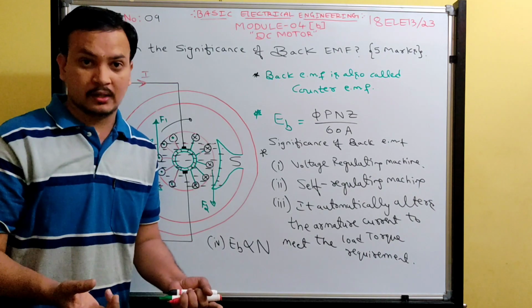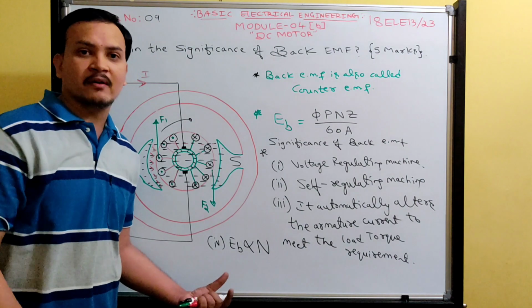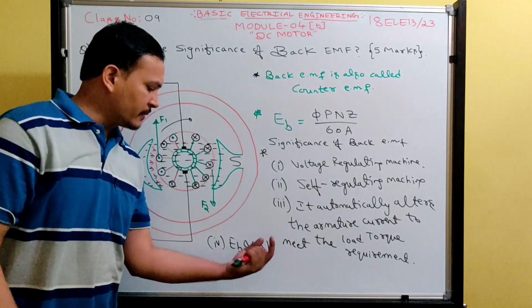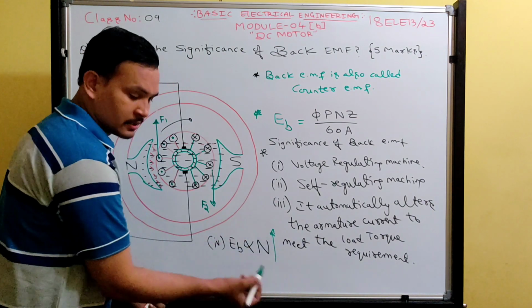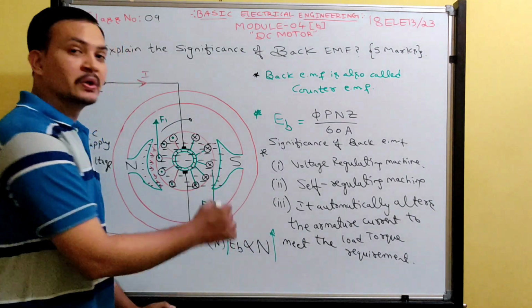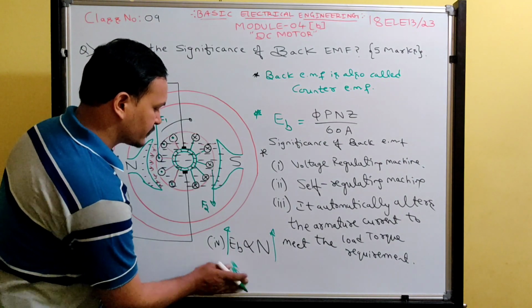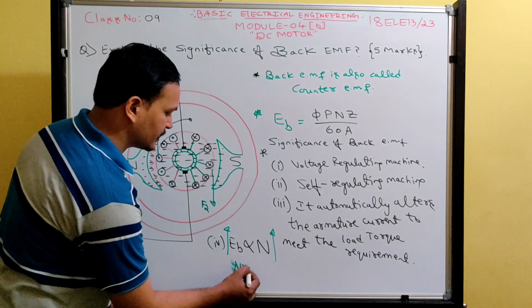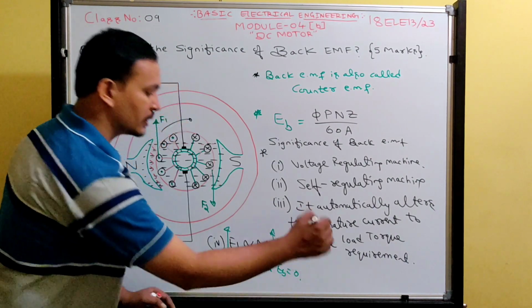When the speed is 0, the back EMF is 0. If the armature runs and the speed increases, back EMF also increases.